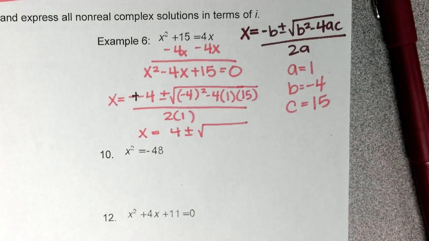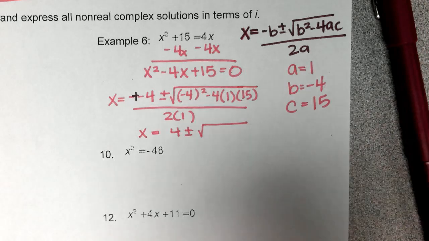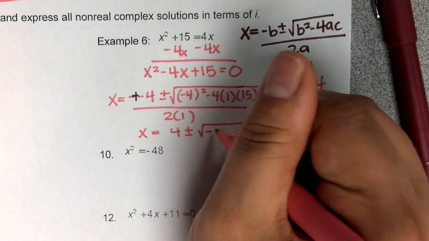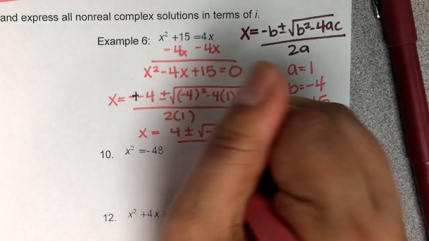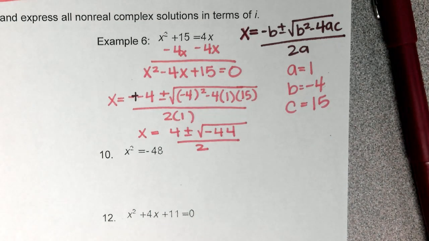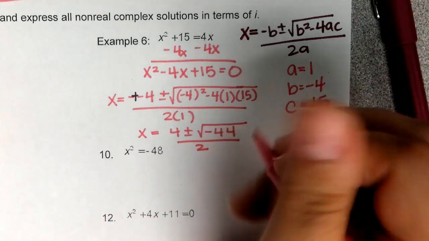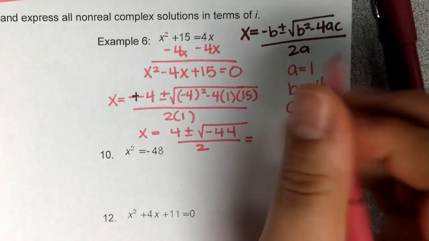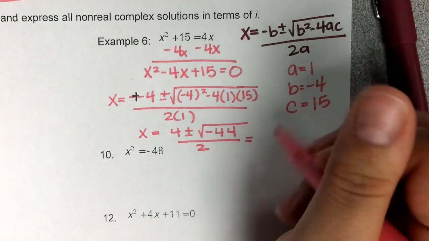What is that? 16 minus 60? What is negative 44? What perfect square does that divide by? 4 and 11.